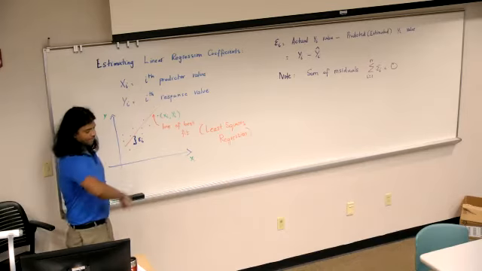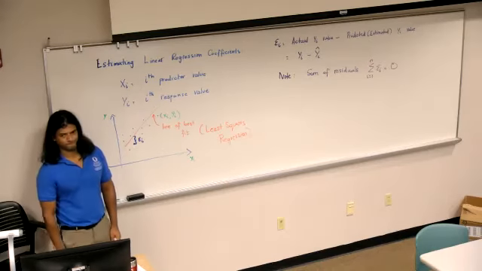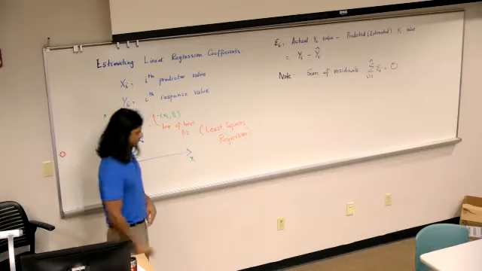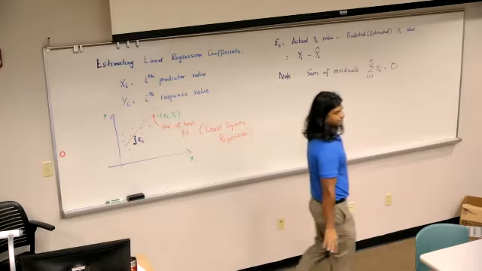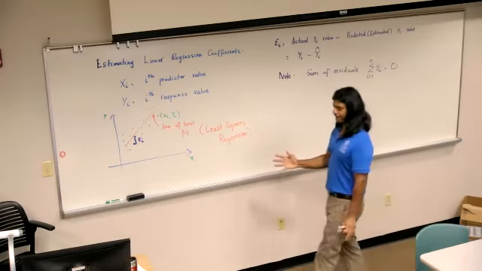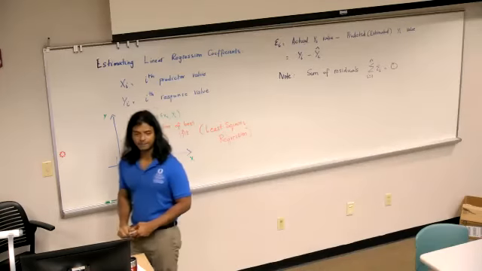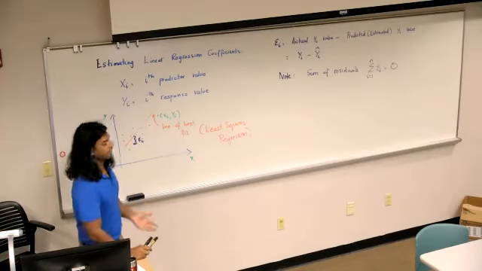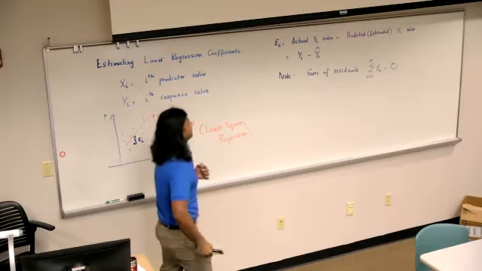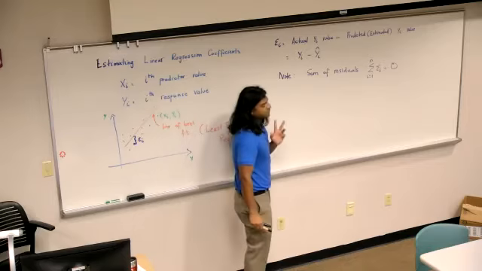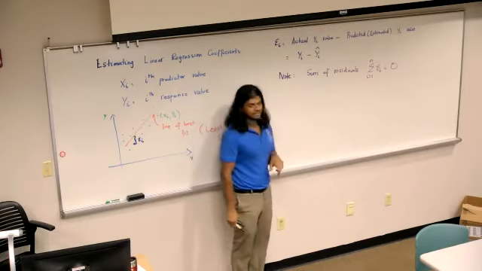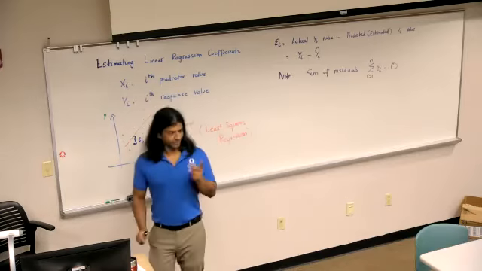Well, if you start with 0, there's nothing to minimize. Do you agree? So we can't get 0. We are getting 0 because some of the residuals would end up being above the line, some below the line, add them together, it becomes 0. How do I get around that problem? I square it. What is another way? Absolute value. Oftentimes, people might ask, well, I can simply do the absolute value. Why do you square it? Well, from a probability distribution standpoint, dealing with absolute values is harder than dealing with squares.